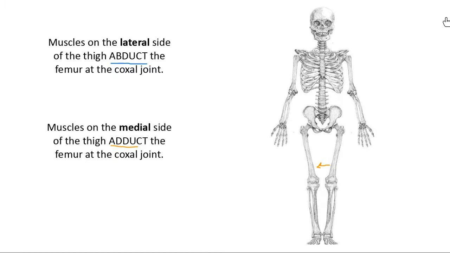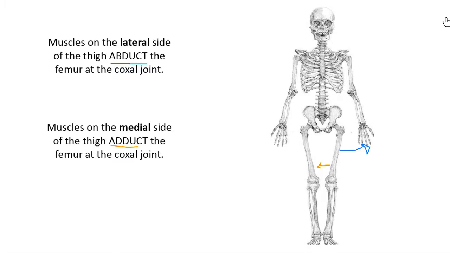When I'm doing abduction, I'm pulling it away. I'm pulling it toward the outside. Actually, here, let's put both of my labels on the same leg so we can see. Okay. Abduction toward the middle, adduction toward the middle, I apologize.